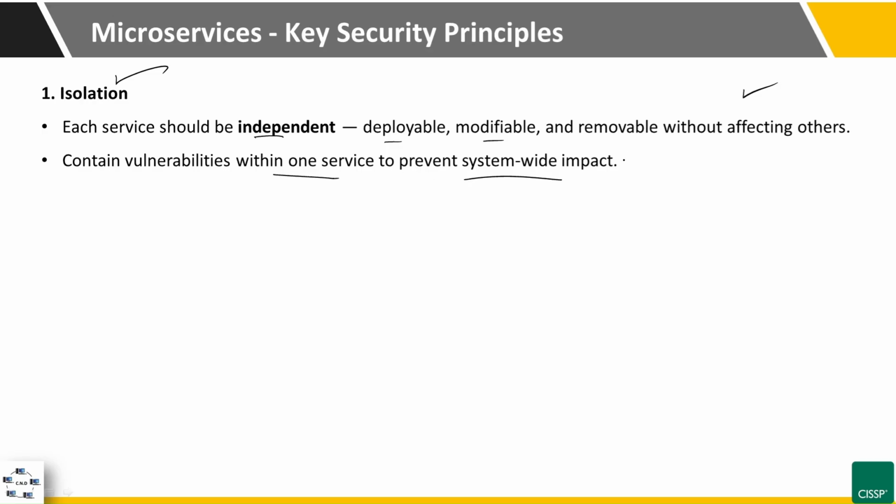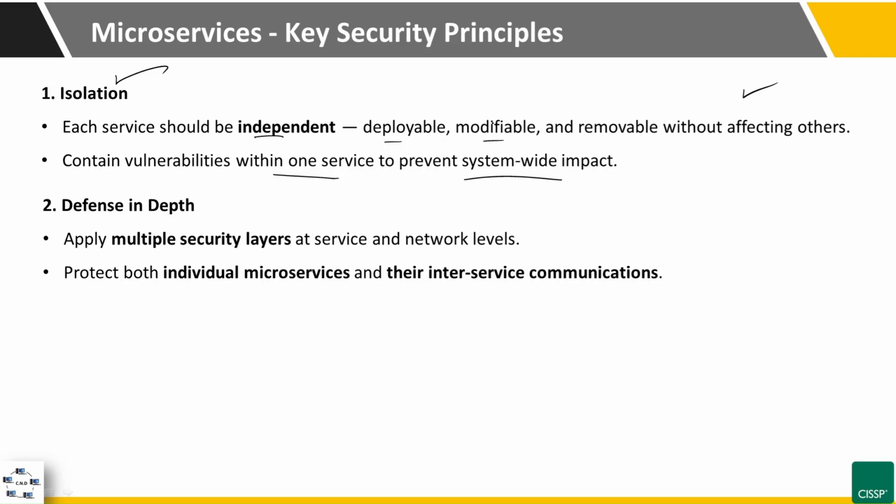As we studied in microsegmentation or segmentation, since each service is independent, weaknesses in one service should be limited to that and should not spread to other services or system-wide. Again, defense in depth: apply multiple security layers at service and network levels, and protect both individual microservices and their inter-service communication.